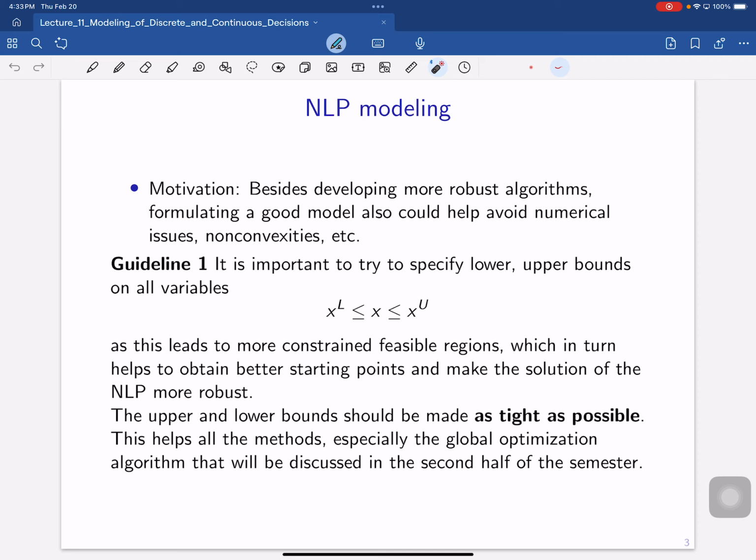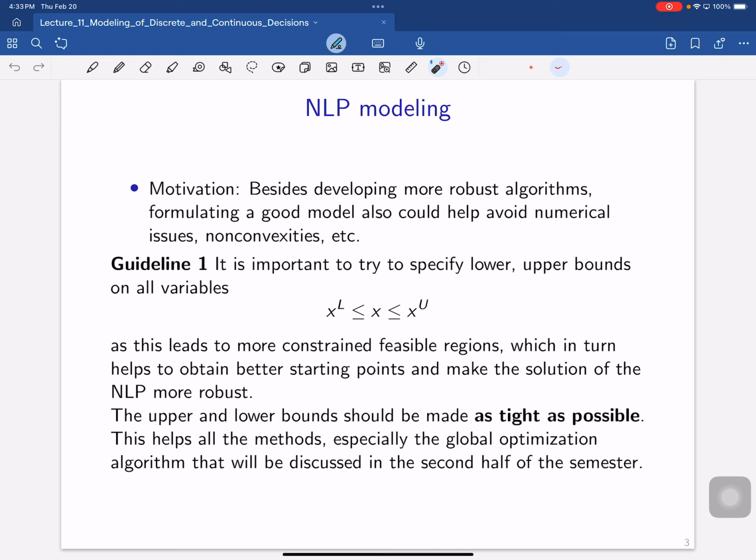And the upper and lower bounds should be as tight as possible. By as tight as possible, I mean x^U minus x^L should be as small as possible, small enough such that you are not eliminating any optimal solutions. You could use those variable bounds to eliminate solutions you already know are suboptimal.